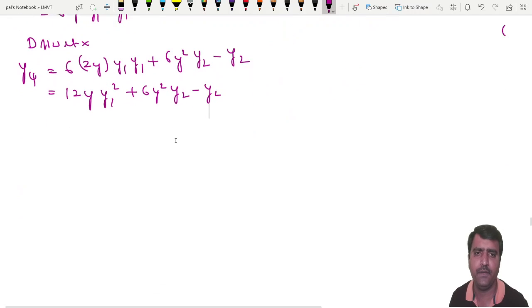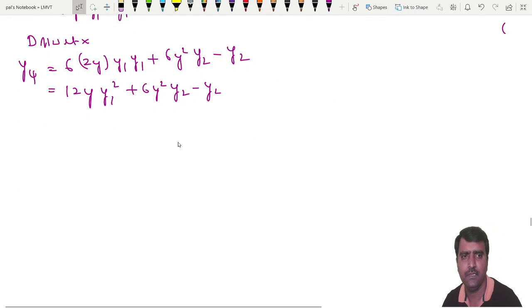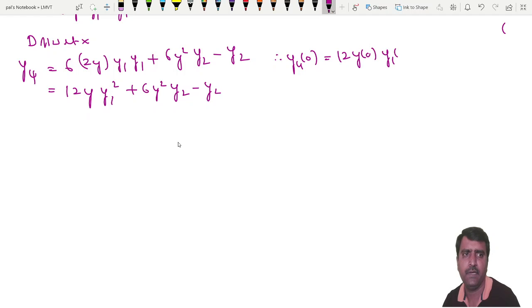Therefore y4 of 0 is equal to 12 into y of 0 y1 of 0 square plus 6 into y of 0 square y2 of 0 minus y2 of 0.